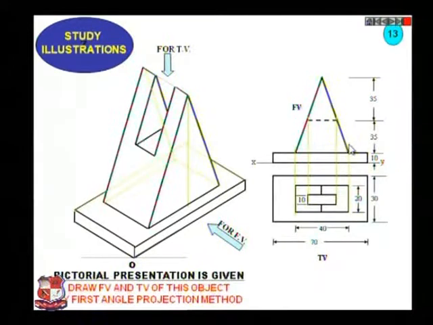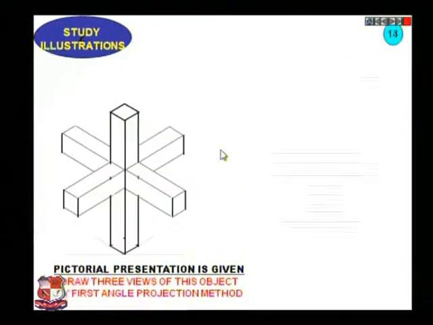If you look from the top, this rectangle would appear, and this cut portion would appear as a rectangle over here, and these two edges, upper edge and lower edge, would be visible as just two small lines. One line is here, another line is here. So this is the solution for this problem in orthographic projection.